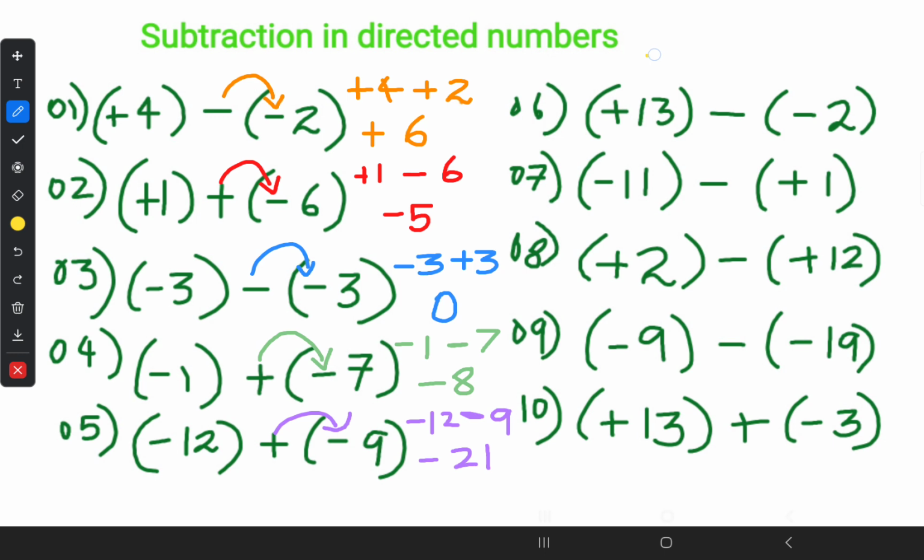In the sixth one, positive 13. Negative into negative would be positive 2. So 13 plus 2 is positive 15.